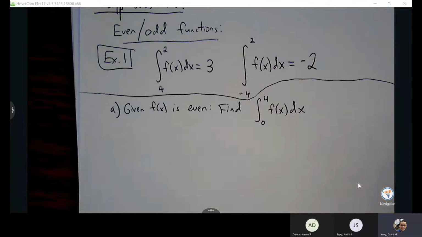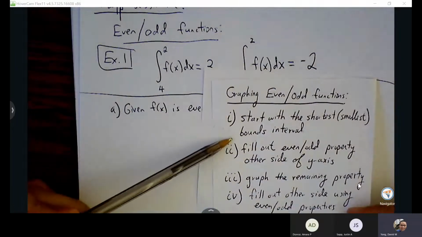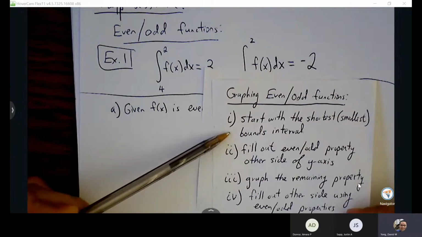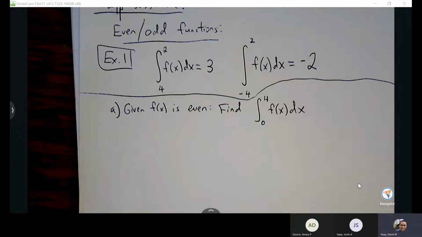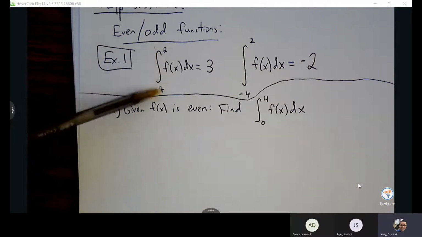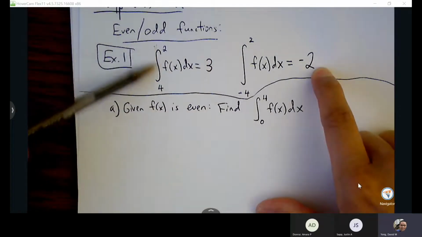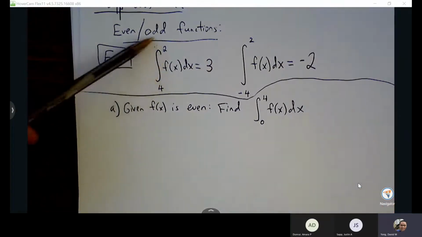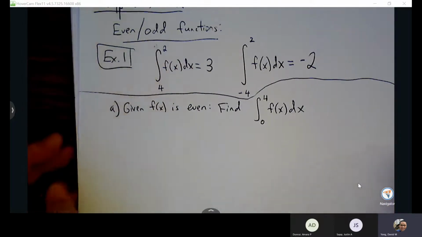So as review, the first thing we do is we identify the shortest or smallest interval, and we start there. So which one is the smaller interval that we can start with? Yeah, this one, right? Not because we're looking at these numbers here, but because we're looking at the span of the interval. Now, we want to put this on the graph first, but do you notice anything that is a little bit off about this?